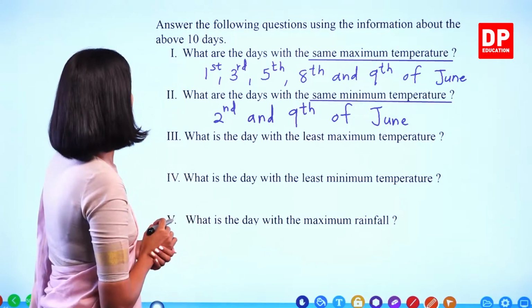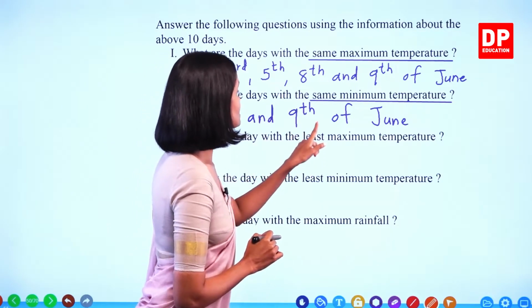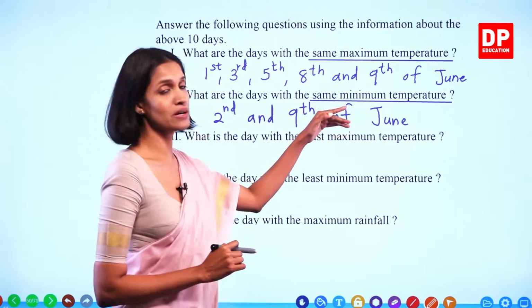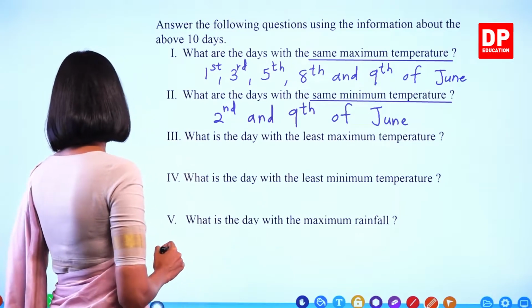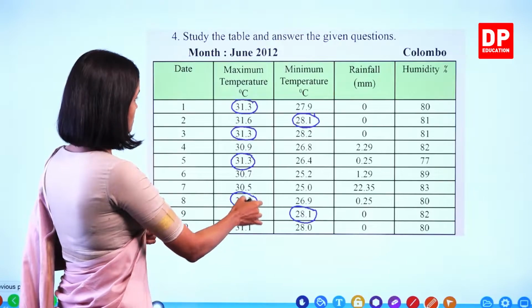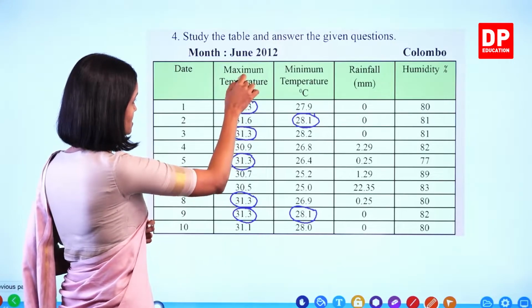Okay? Number 3. What is the day with the least maximum temperature, the lowest maximum temperature? We'll go see the least maximum temperature. So here they are all in the 30s, the maximum temperature.